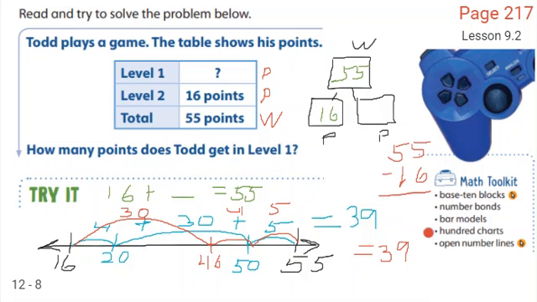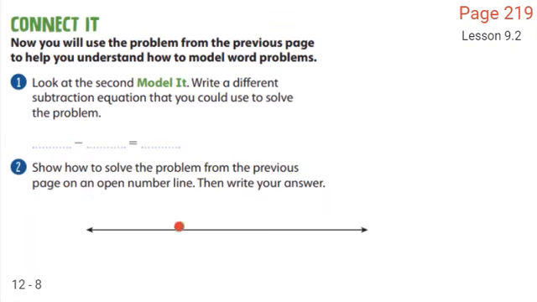That equals a number. We already know that that other number is 39, so I'm just going to put in here 39. I'll show you that here in a moment. So let's take a look here. 55 minus 16 is equal to 39.